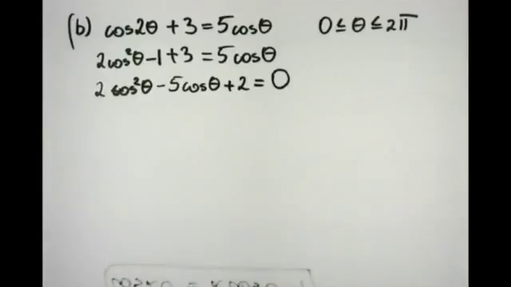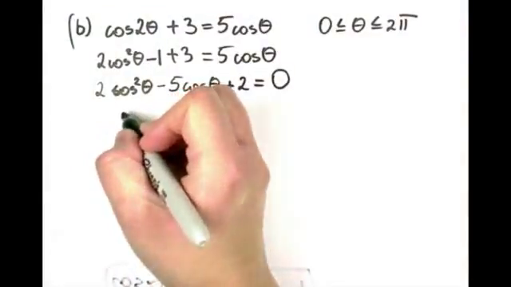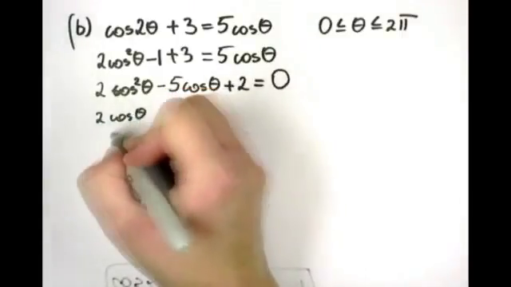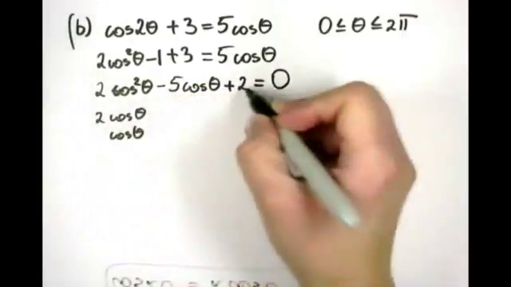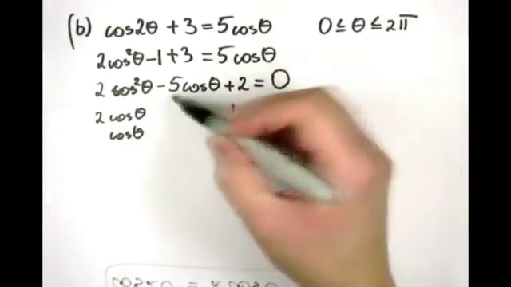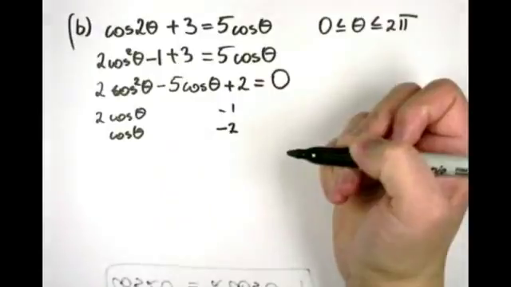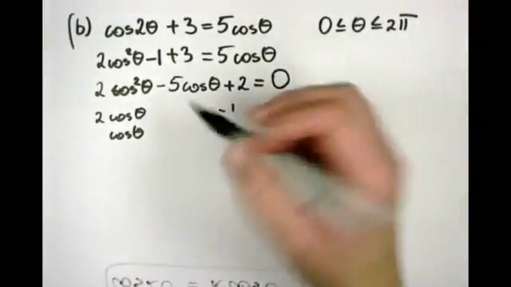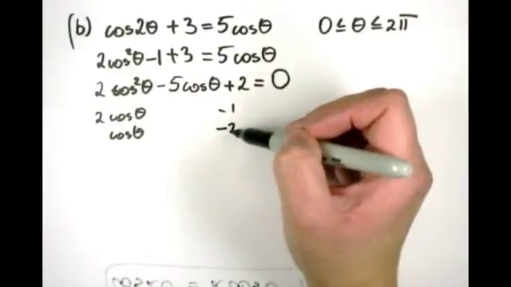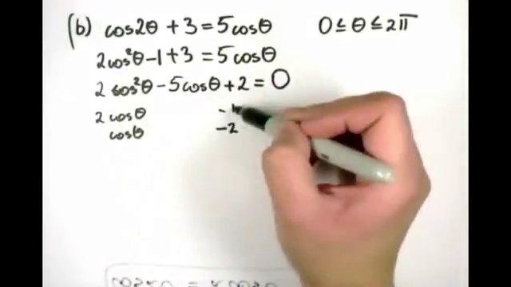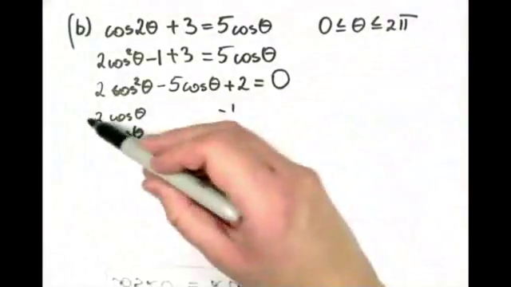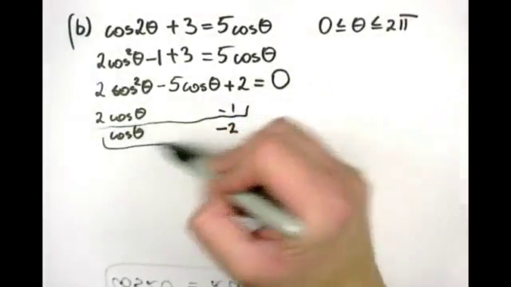So that cos square we can treat as t, or we can keep going that this one is cos theta and cos theta. And 2 can be factored 2 and 1, but I need minus, so I'm going minus 1, minus 2, and I cross multiply, I'm getting 2 times minus 2 is minus 4, and then minus 1 gives me minus 5 of this cos theta. So this is my first factor, and this is my second factor.